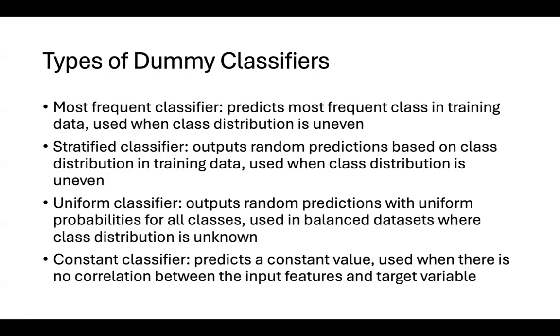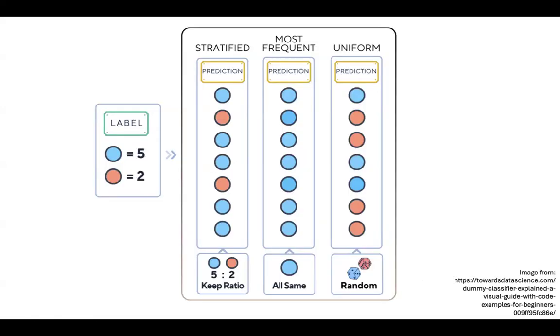The uniform classifier outputs random predictions with uniform probabilities for all classes, and it is used in situations where the dataset is balanced and the class distribution is unknown. The constant classifier predicts a constant value, and it is used when there is no correlation between the input features and the target variable.